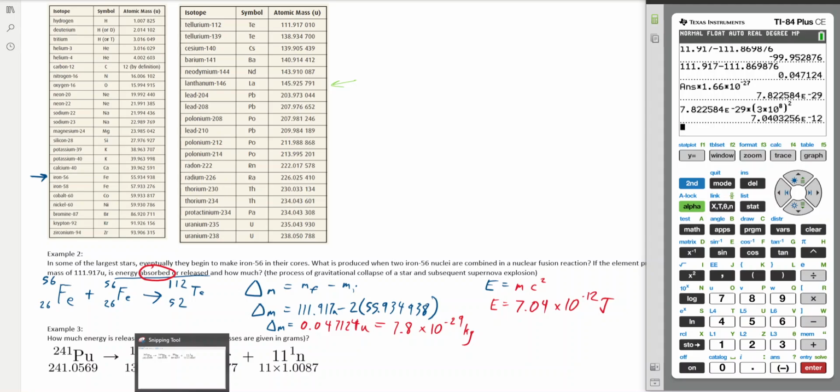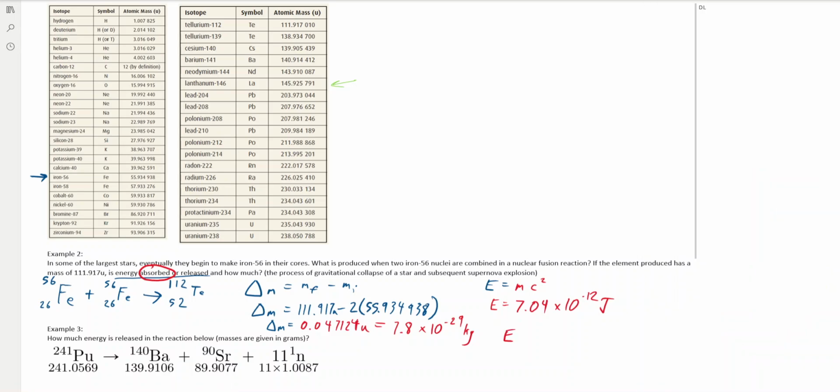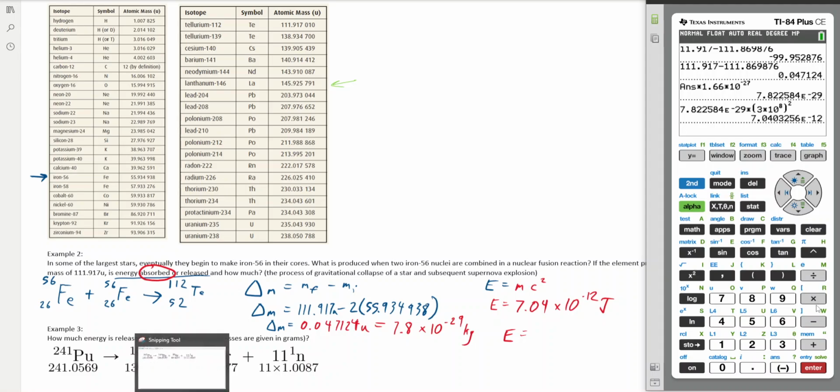Now, this is joules. Oftentimes we're expected to switch this into mega electron volts. So what we're going to do is divide this number by the conversion to electron volts, which is 1.6 times 10 to the exponent negative 19. So now we're in electron volts.